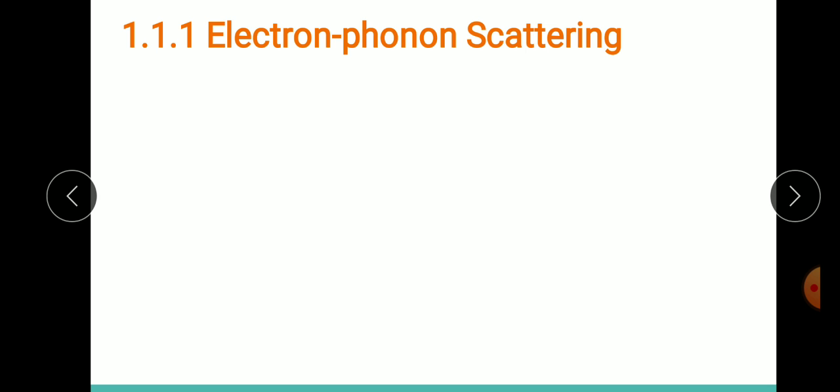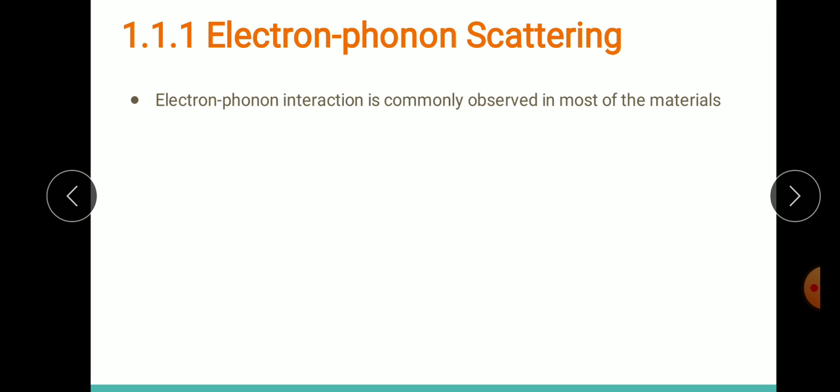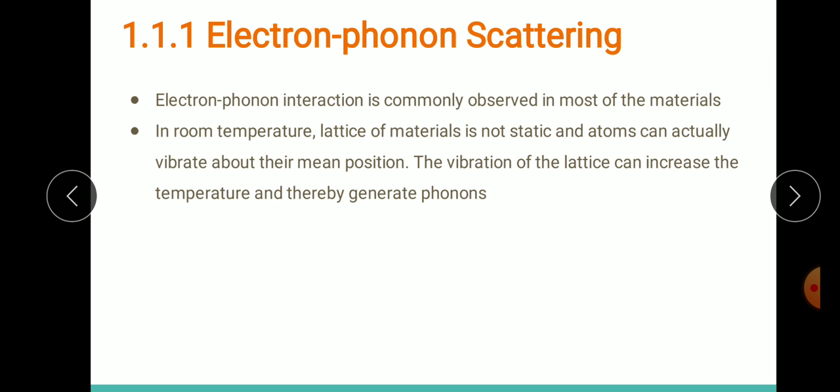Well, the electron-phonon interaction, we can observe it in most of the materials. There is no specific material to observe this. It is very common. It is a common kind of scattering. Now, how does the scattering occur? So, see, in room temperature, basically the lattice of material is not constant.